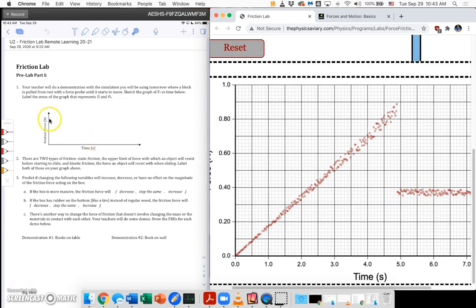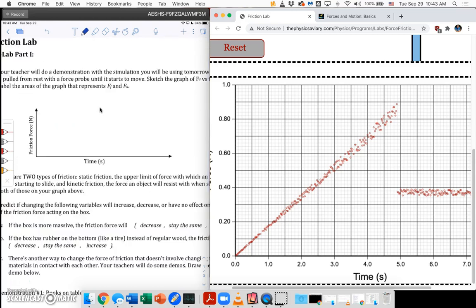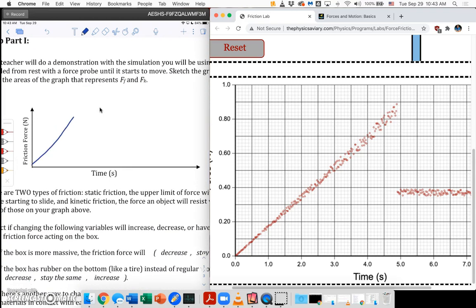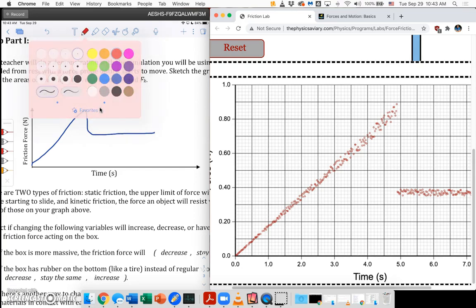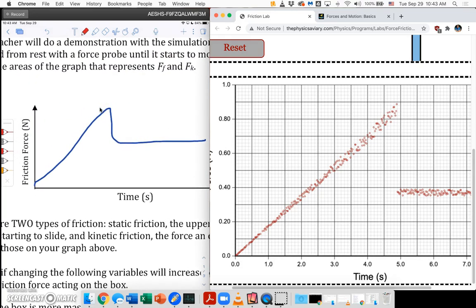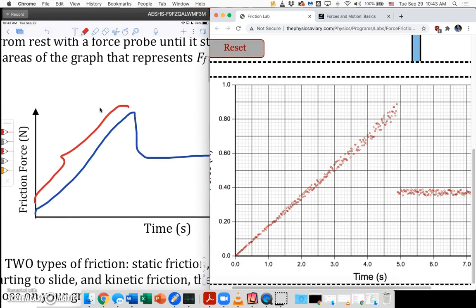So what I want you to do is copy or sketch this graph. We saw the force of friction go up like this, up, and then it came back down, and then it went like this. A few notes we need to make: during this whole time here, this is static friction.